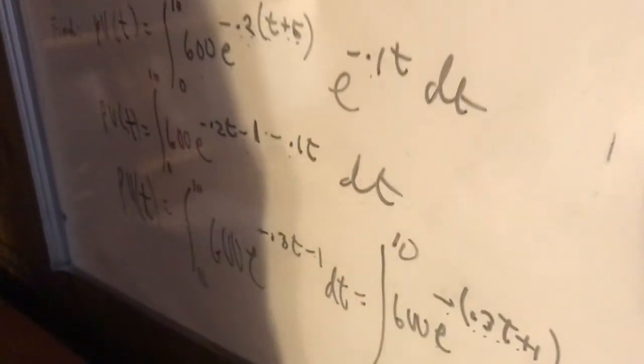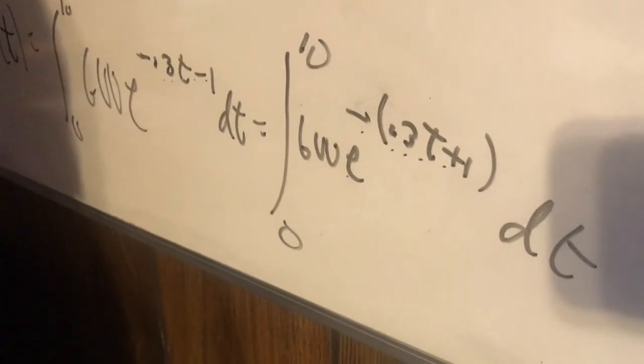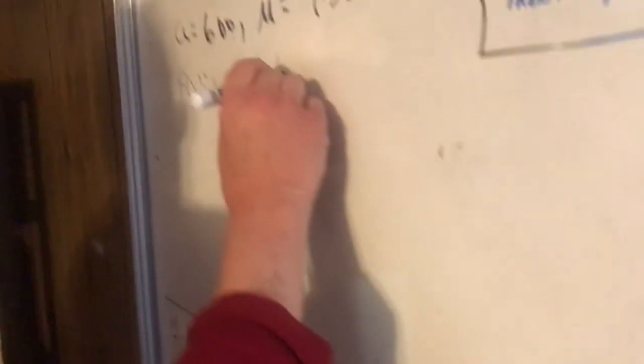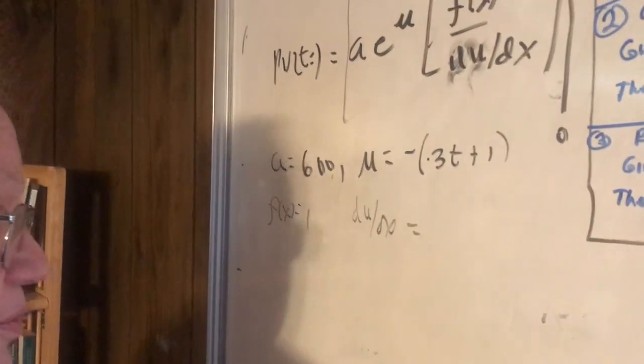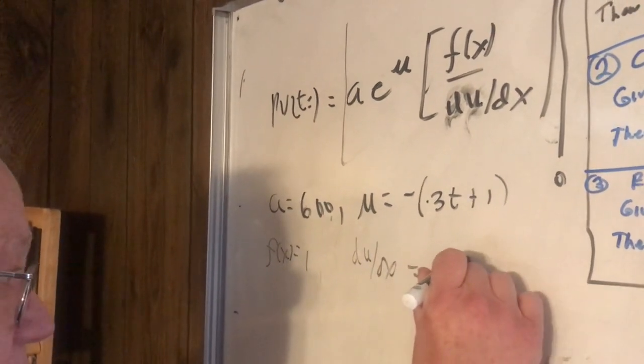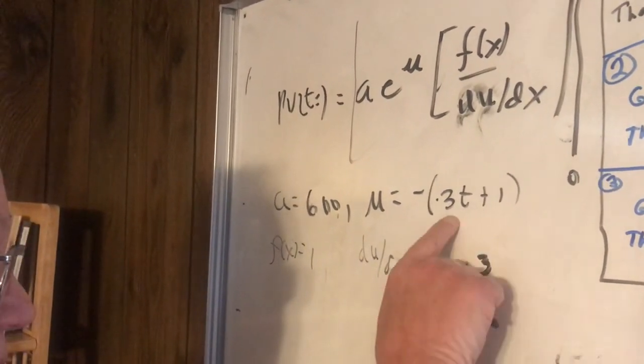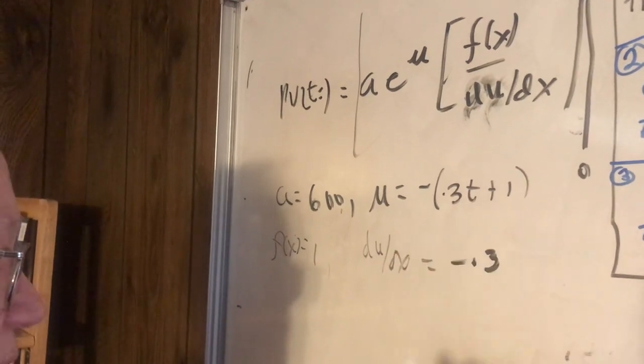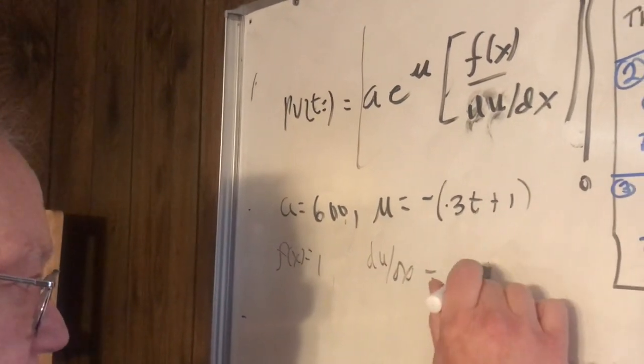That would be over here. And du dx is going to equal minus 0.3. Okay, the derivative of that is 0.3. That's 0. Minus sign out there, minus 0.3.